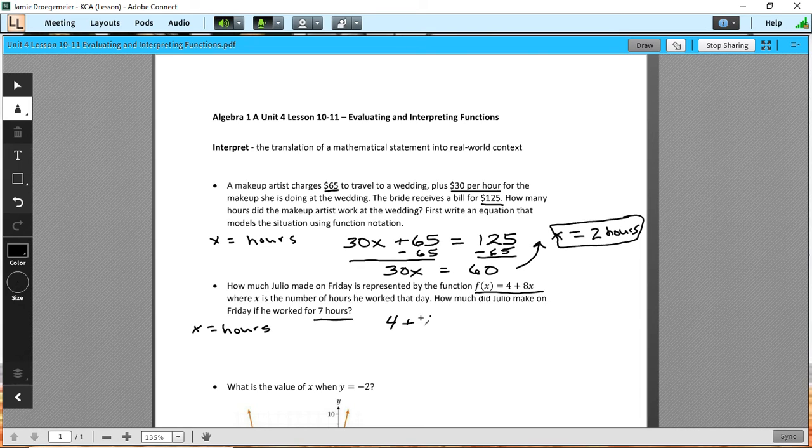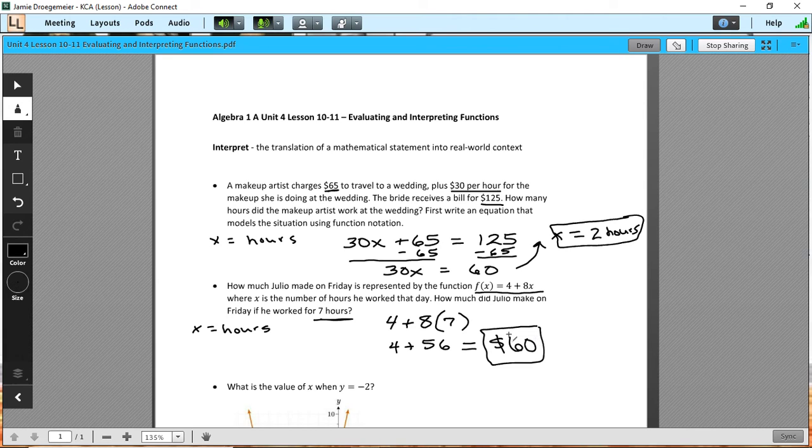So I'm going to take that equation, 4 plus 8x, and I'm going to replace X with 7. And now I'm going to do this calculation. So order of operations, I do the multiplication first. 8 times 7 is 56. And so it's 4 plus 56. And so that would tell me that he made $60 on Friday when he worked 7 hours.